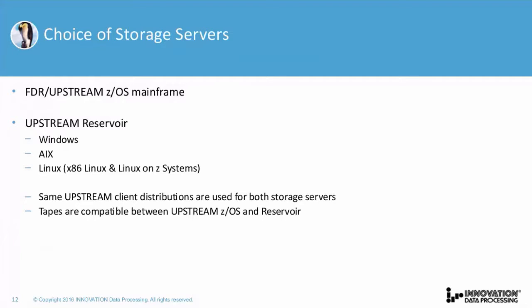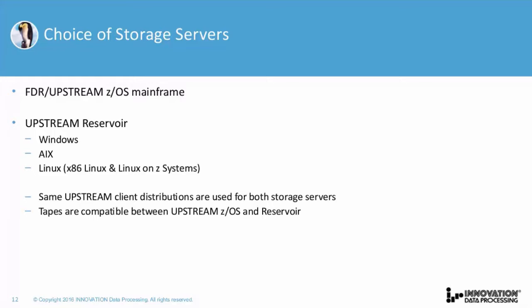So in the Upstream universe, there's a choice of storage servers. There's FDR Upstream z/OS mainframe, which has been available for 23 years. And then the Upstream Reservoir, the newer addition to Upstream, which supports Windows as the storage server, AIX, or Linux, x86 Linux or Z Linux.